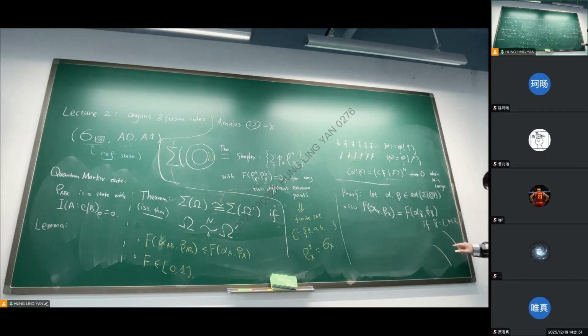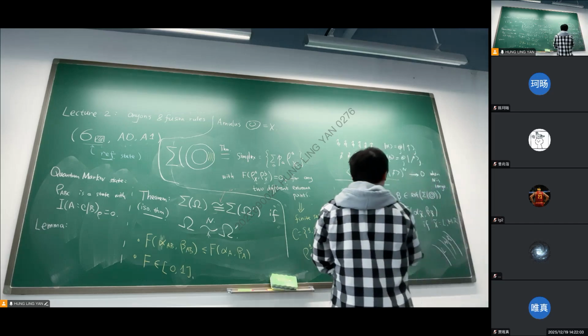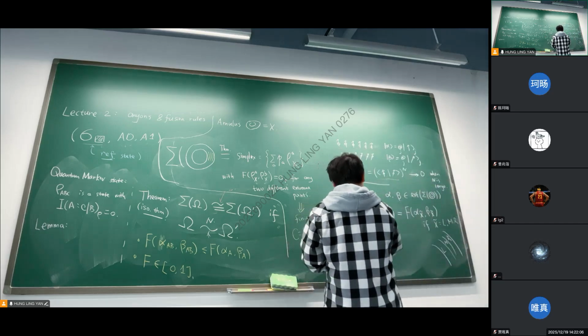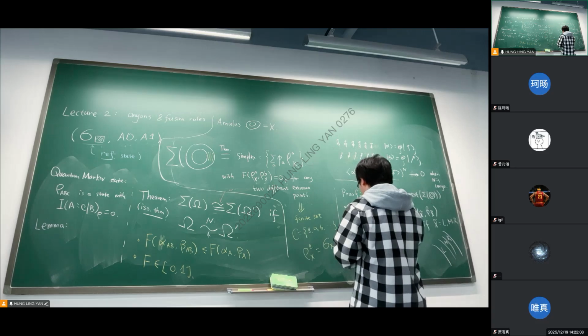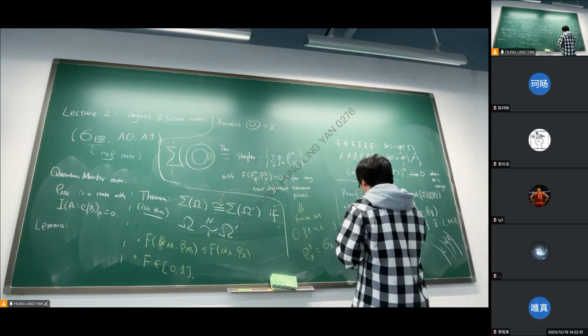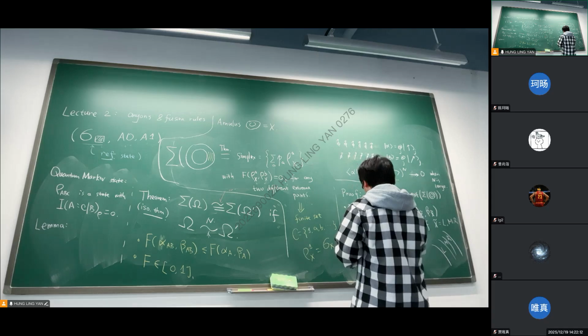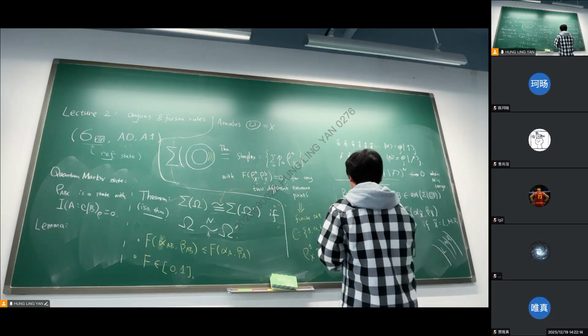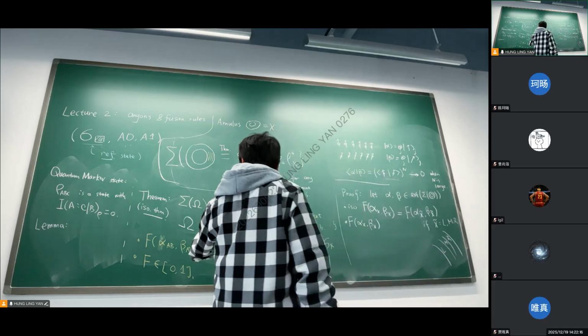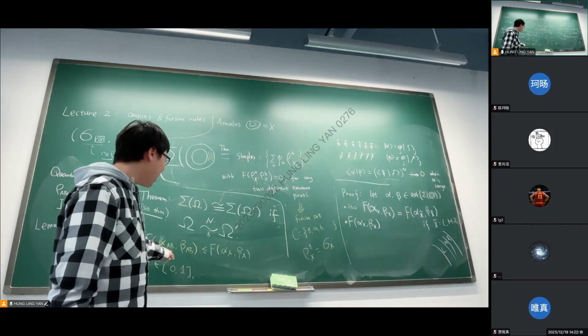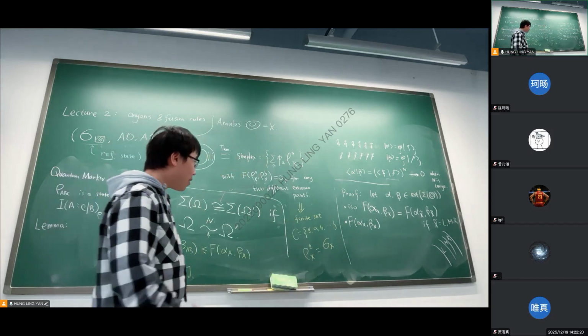Here we have the annulus, and we partition it into three pieces: left, middle, and right, three concentric annuli. From this, if we look at a subsystem, the fidelity will be larger.